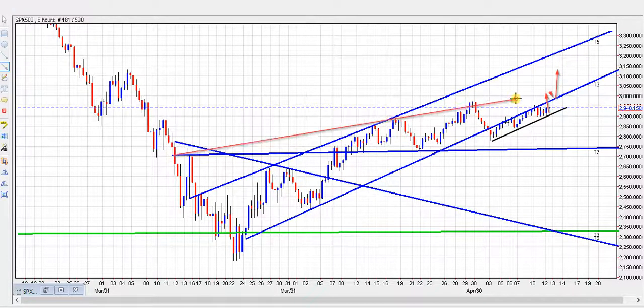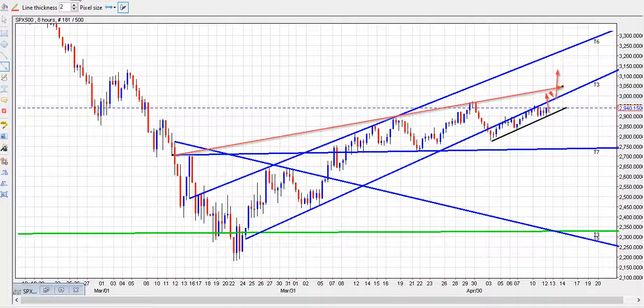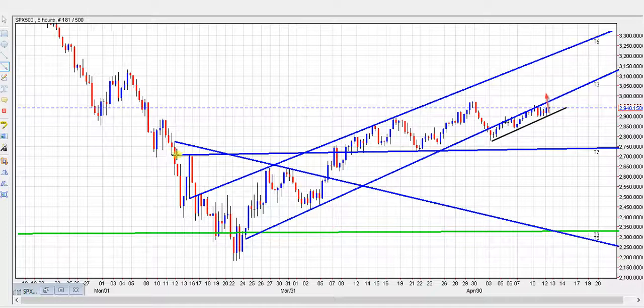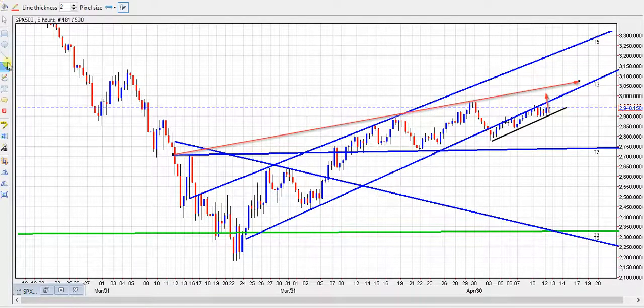So even if we break on the higher side, initial move here, then come down here, then we go back 3000 plus, or this is the move.